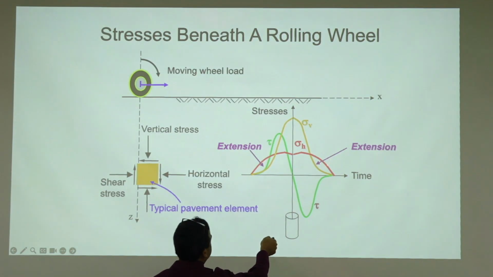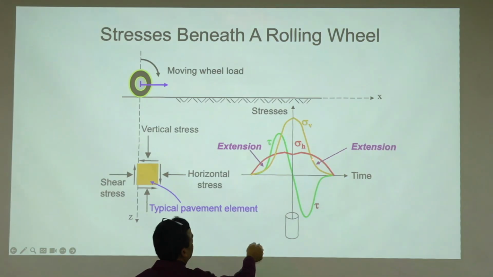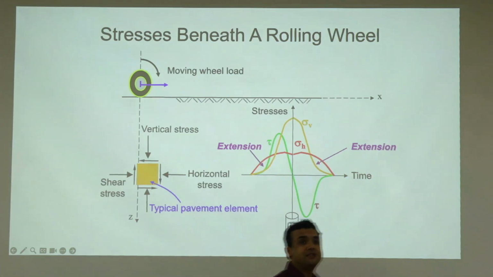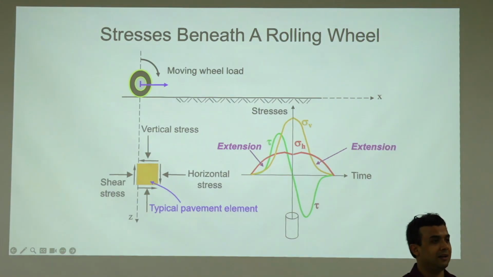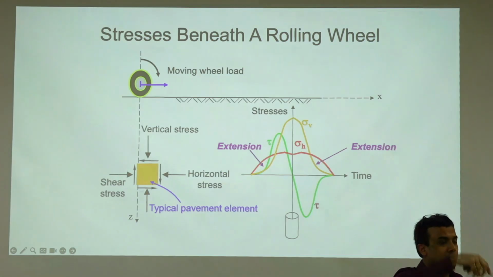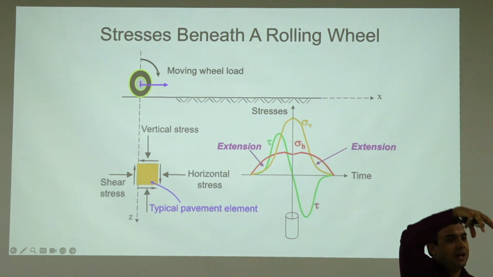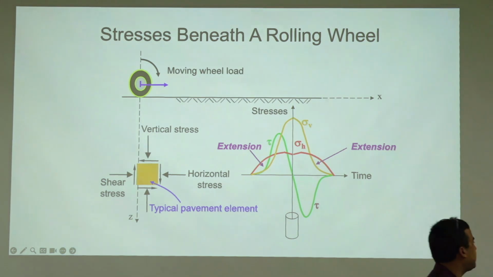What does it represent? Horizontal is more than vertical. What does that mean? It's pushing this way more than it is pushing this way. So your sample is extending, which is not something that you are simulating in your traditional conventional test.